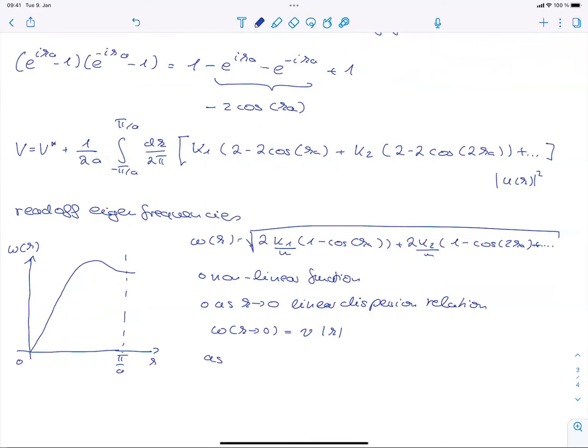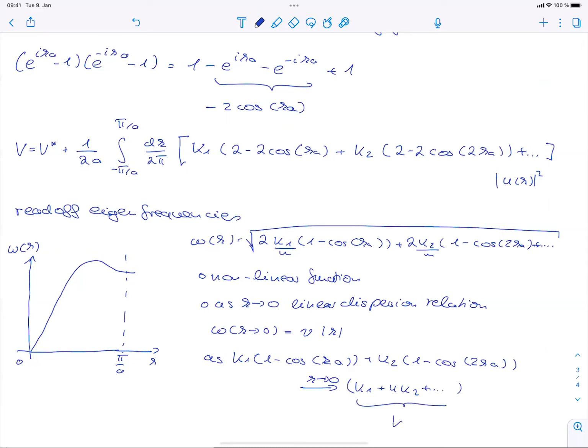And so, plus 2 minus cos 2ka, if we send k to 0, this becomes k1 plus 4 k2, plus potentially higher order interactions, which I'll summarize as a bar times a squared.